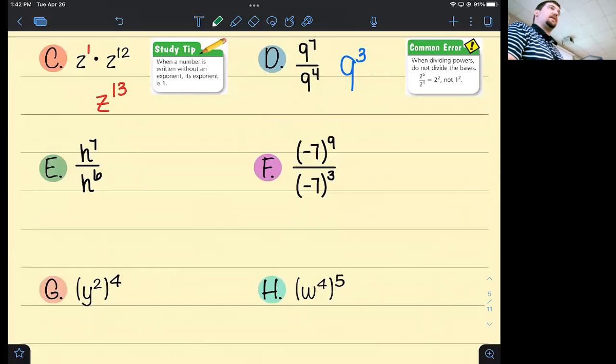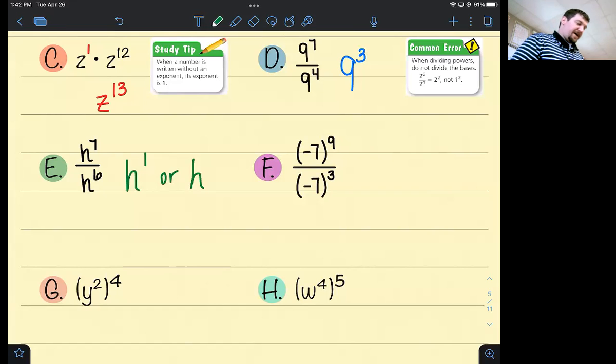Garrett, what do you do with the exponents again? You just said it. You subtract them. Oh, so h to the 1st power. That's right. H to the 1st power, which you could also just say h. All right, so when you're dividing the powers, it's just subtract the exponents.